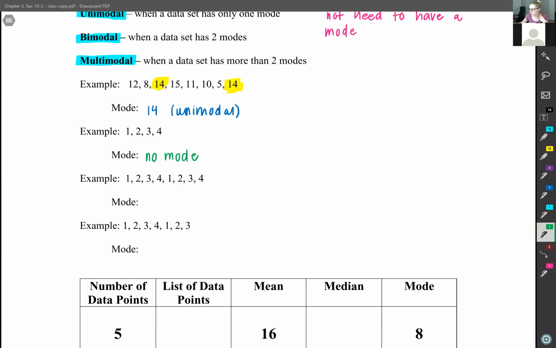None of them repeat, but they all technically occur most often if they occur once. Okay.